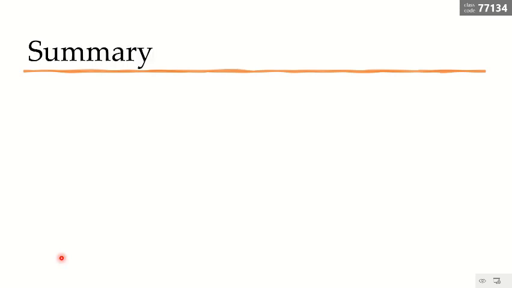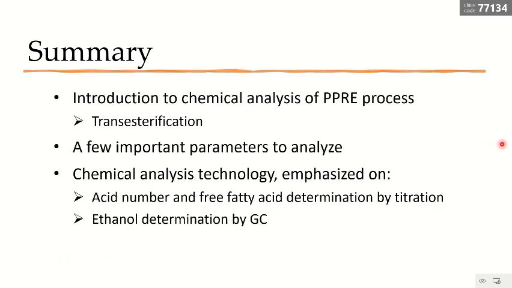Okay, a quick, brief summary of what we learned for this topic 1, chemical analysis. First, we introduced several concepts like biodiesel, what waste cooking oil is, and what the problem is with using waste cooking oil directly for transesterification.